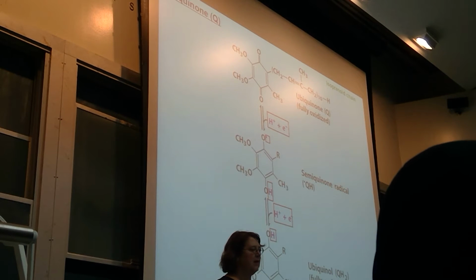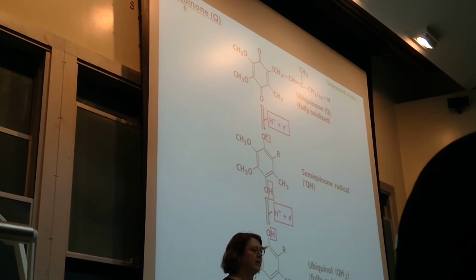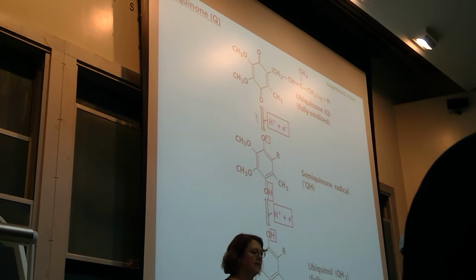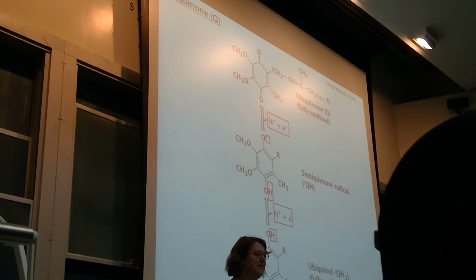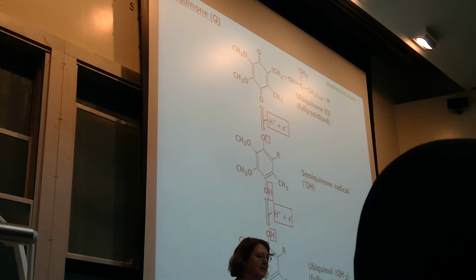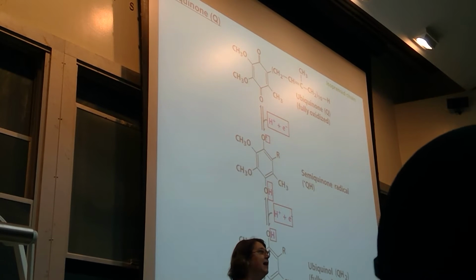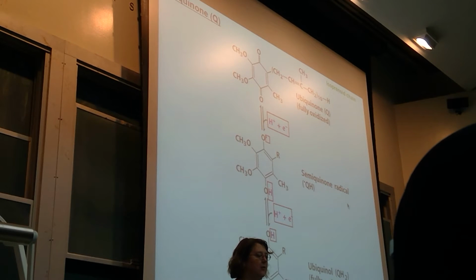So let's look at these molecules. You're going to see it as Q. This is ubiquinone, this quinone structure. In this case, it's fully oxidized. Here, when you have the hydrogens, it's fully reduced. This can also have a semiquinone radical.